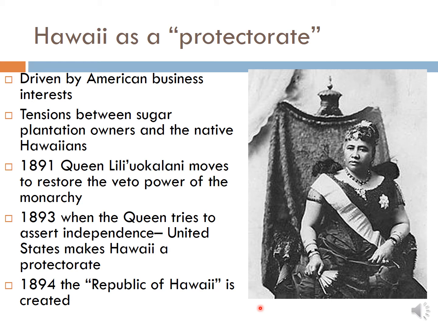And in 1894, the Americans create the Republic of Hawaii, basically completely overriding any of the desires of the monarchy or the Native Hawaiians. And they elected a president of their republic, an American by the name of Sanford Dole, yes, of Dole pineapple, because they had a bunch of plantations there on the islands, and they wanted to protect their economic interests.